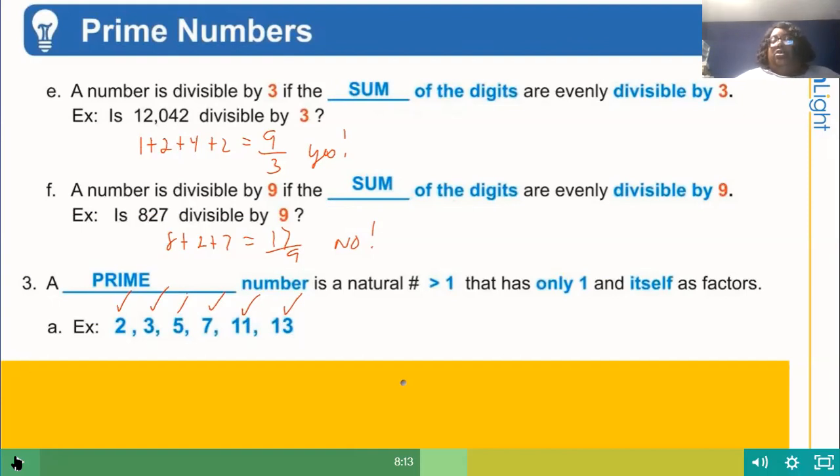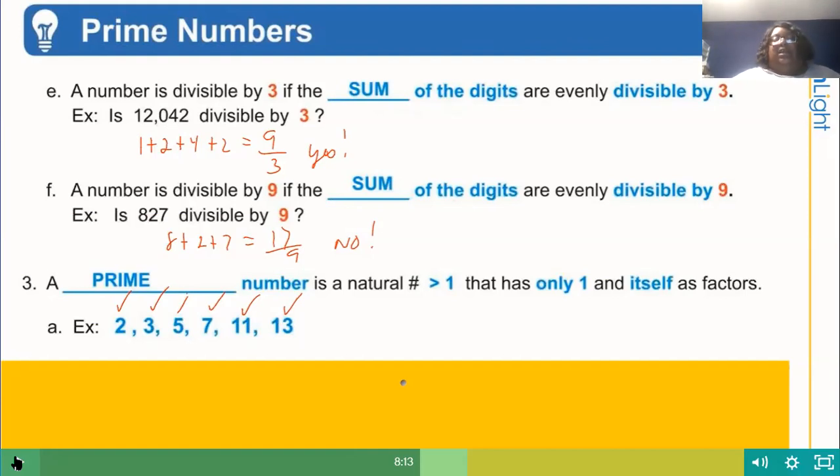Is there another two numbers I can multiply to get a product of 17? No. 2 times what to give me 17? Nothing. 3 times what to give me 17? Nothing. 4 times what to give me 17? Nothing. 5 times what to give me 17? Nothing. The only way to get 17 is 1 times 17.